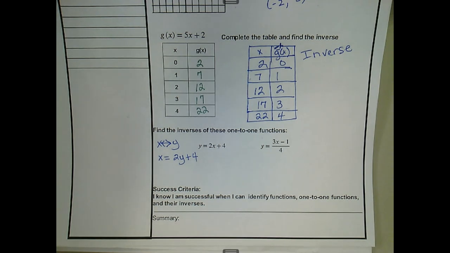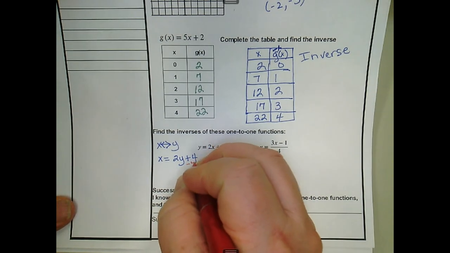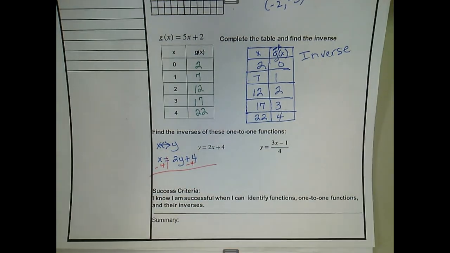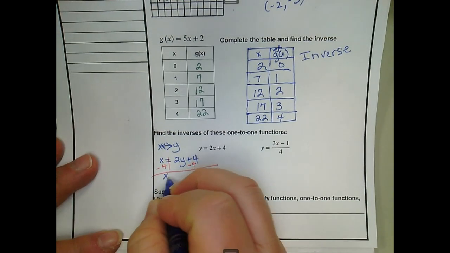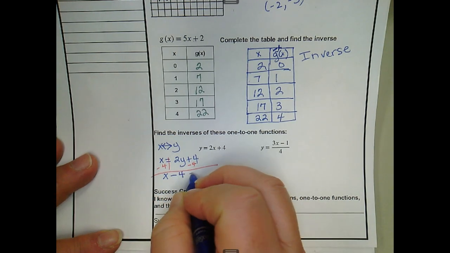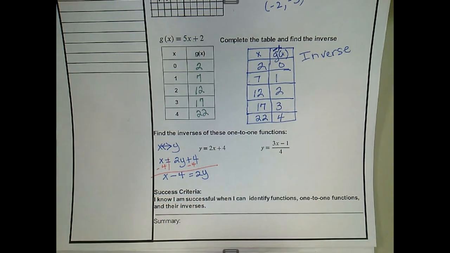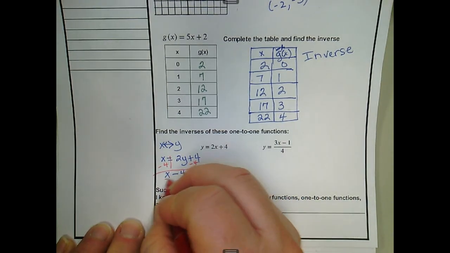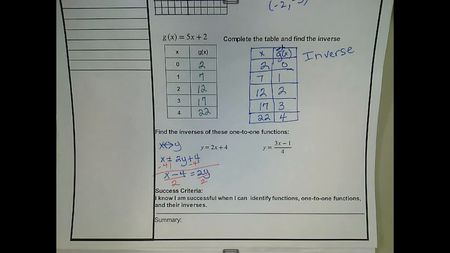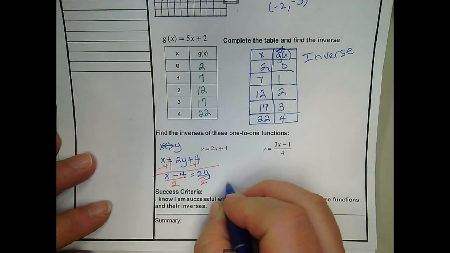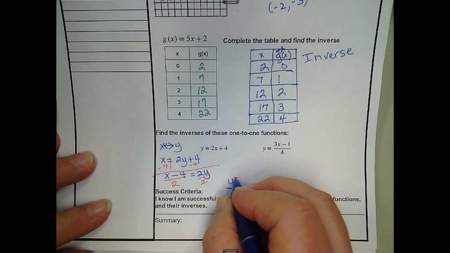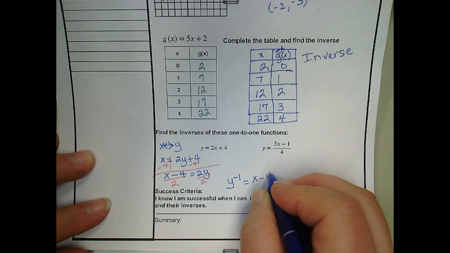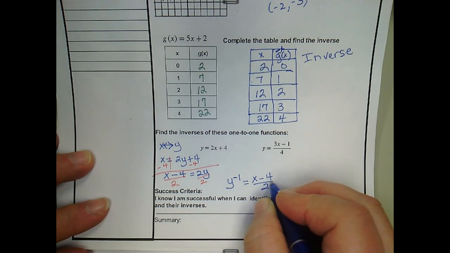Subtract 4 from both sides. x minus 4 is equal to 2y. Divide by 2. So, your y to the negative 1 power is x minus 4 over 2.